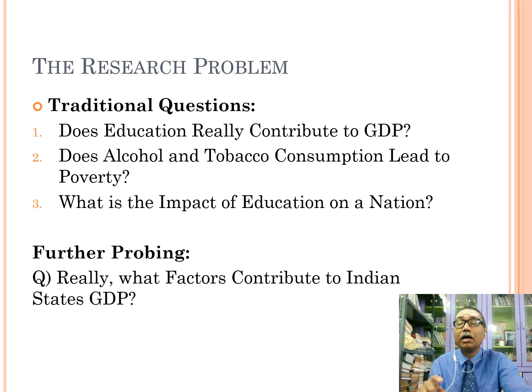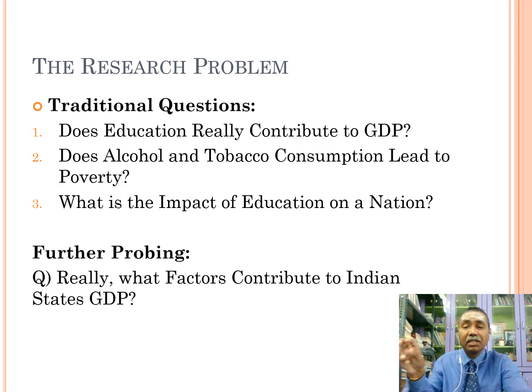Then two more variables attracted my eye. One is alcohol consumption and the other is tobacco consumption. If you observe, Maharashtra and Gujarat have relatively lesser alcohol and tobacco consumption rates compared with other states. But these two are the number one and number three states with respect to contribution to Indian GDP.